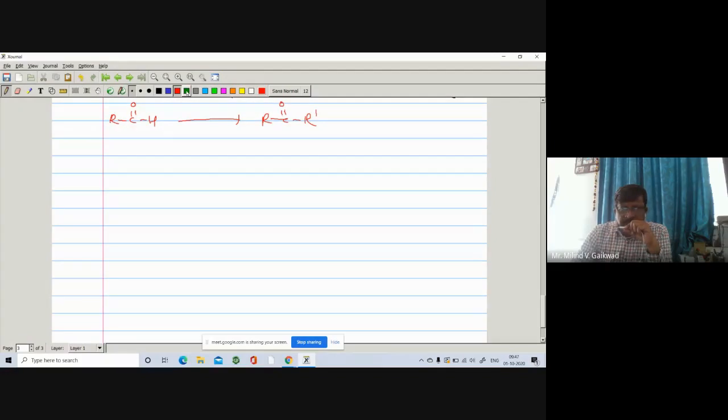Generally the reagent you can take is R dash X. But you know this carbon has a partial positive charge, and this carbon also has a partial positive charge. So this carbon will not attack on this carbon, and this H and X will not be removed. So the conversion is not possible when you take R dash X.